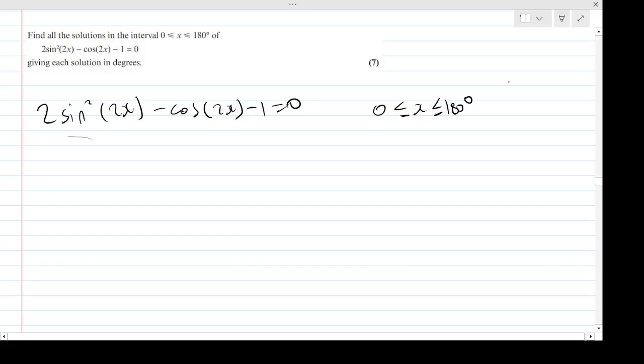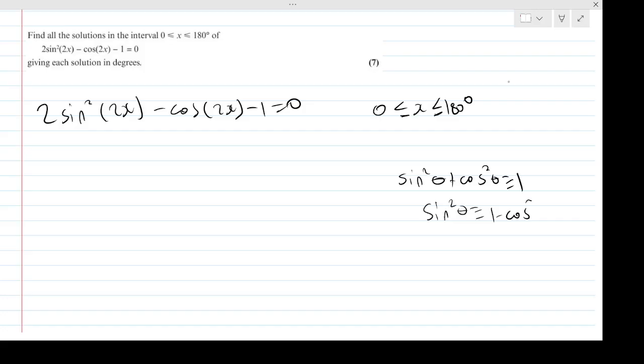But again, this sine squared hints at the identity sine squared theta plus cos squared theta is 1. If I rearrange that, then I can get sine squared is 1 minus cos squared.